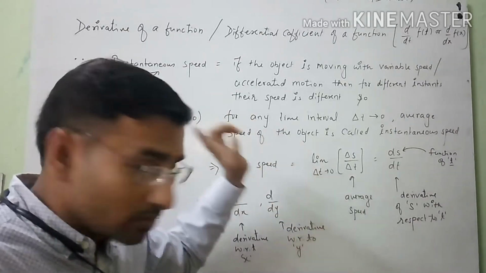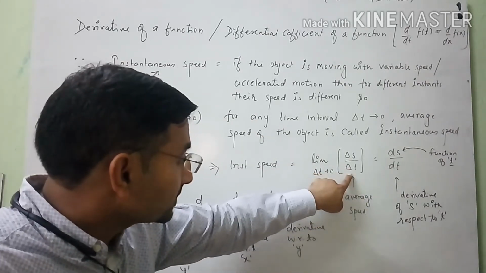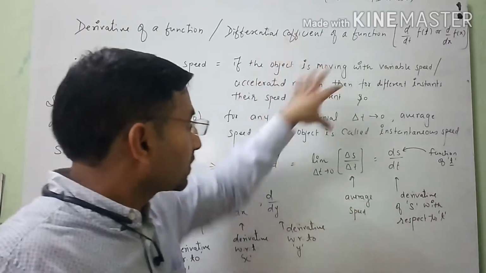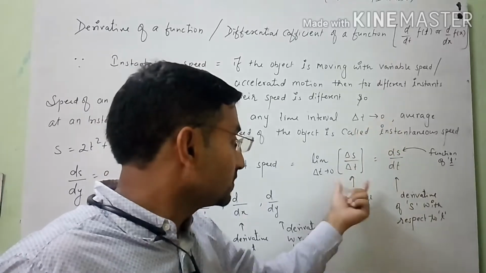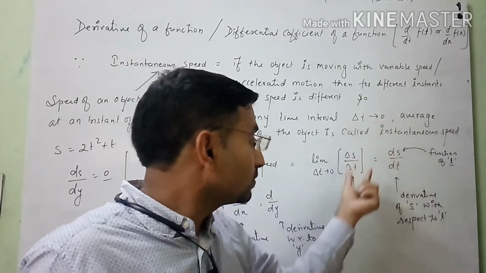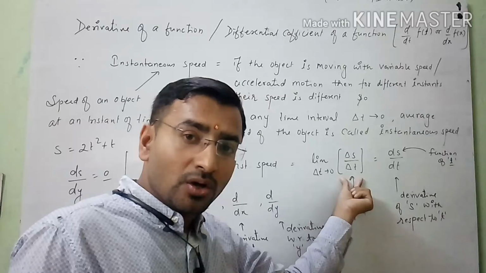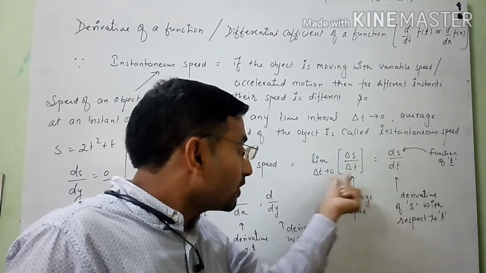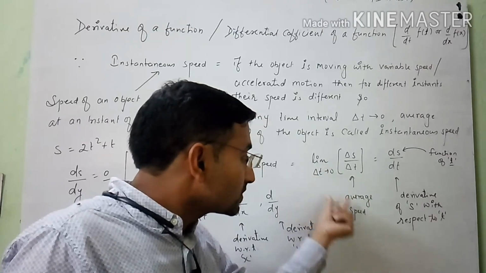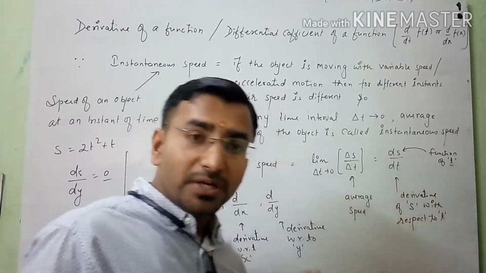If we talk about the whole definition of instantaneous speed, for any delta t tends to 0, the average speed of an object at delta t tends to 0 is called its instantaneous speed.